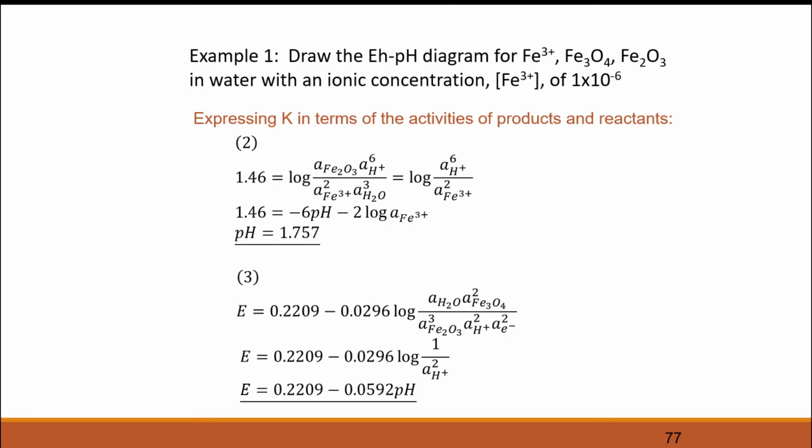And your electron is also just equal to 1, no? Yung activity. Therefore, you are left with log ng 1 over activity of H plus squared. Okay? Then again, ito is just your H plus, that is your molarity of H plus.